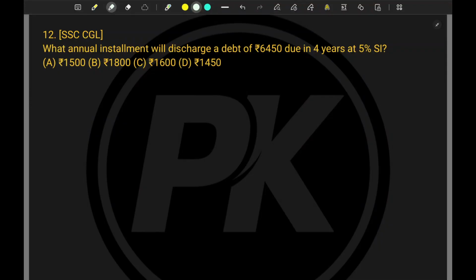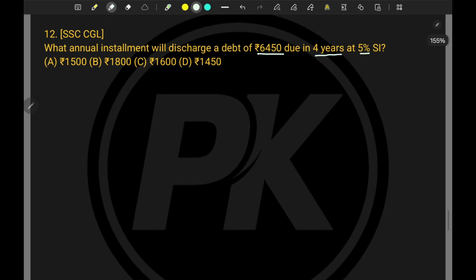So this is problem number 12, which was asked in SSC CGL. Let's try to solve this problem. The problem says: what annual installment will discharge a debt of 6,450 due in 4 years at 5% simple interest?